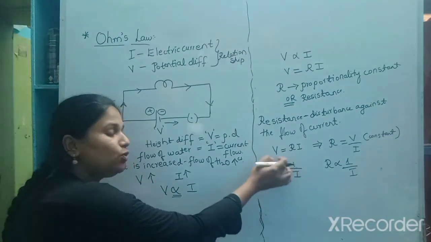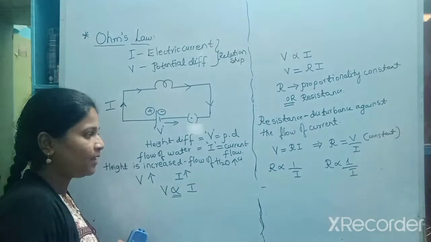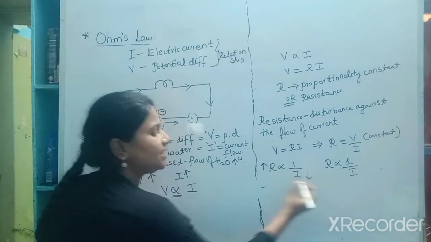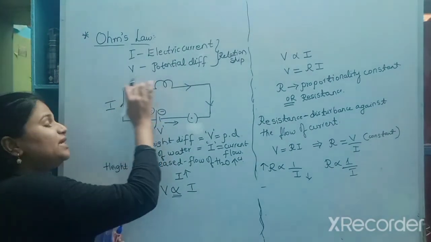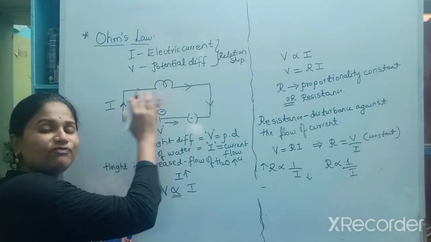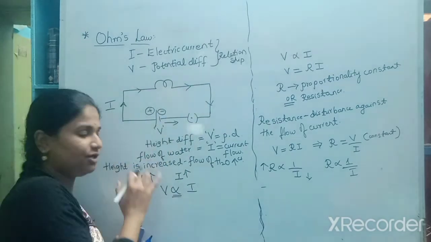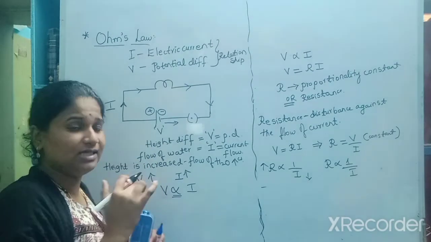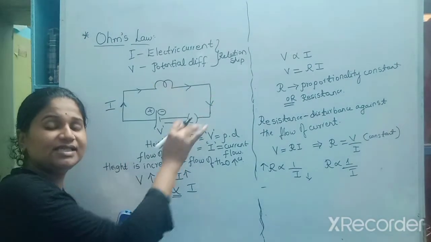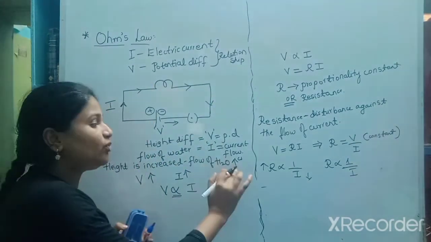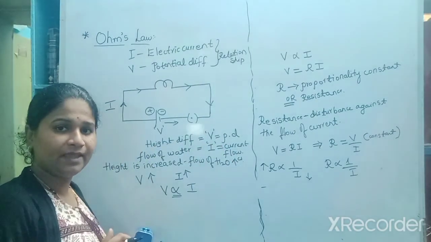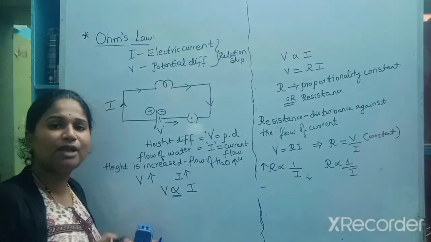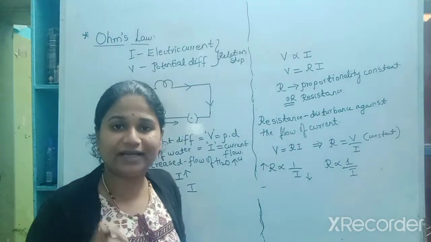Inversely means we have to write 1 by, the reciprocal. What is inversely? If resistance increases, current decreases. That is, if disturbance increases in the circuit, if obstruction increases in the circuit, no doubt the flow of current decreases. If obstruction or disturbance inside the circuit is less, the flow of current will be smooth. So by this we can say the resistance is inversely proportional to the flow of current.